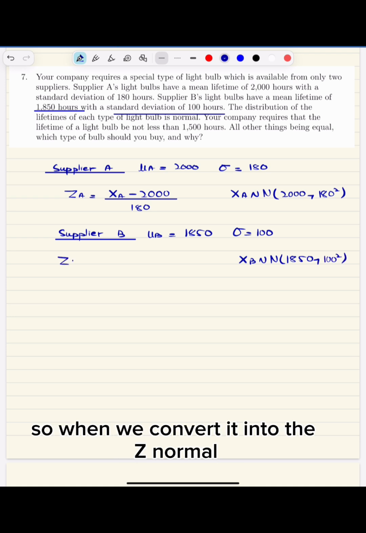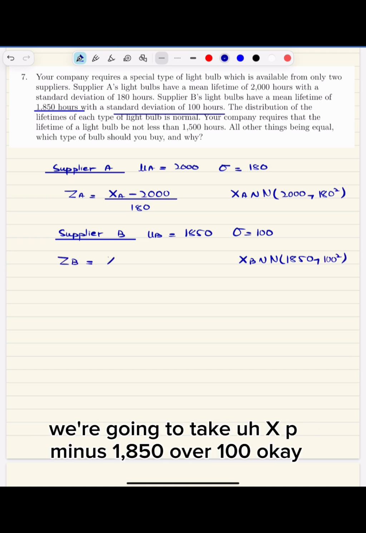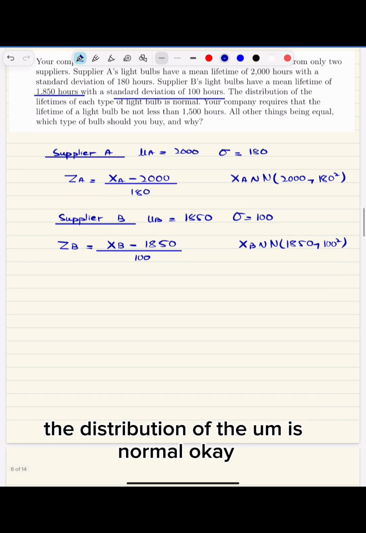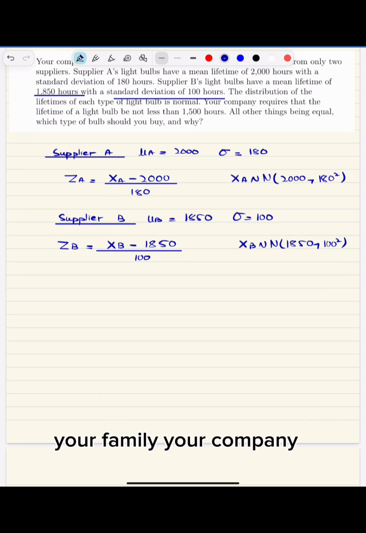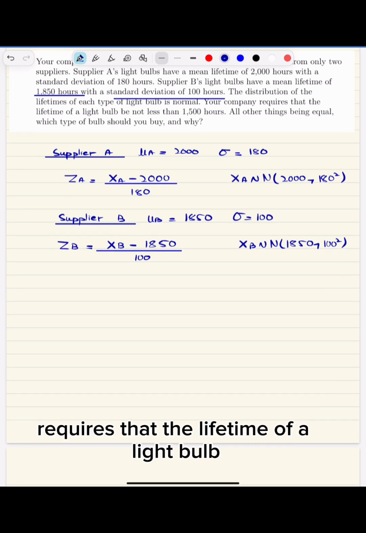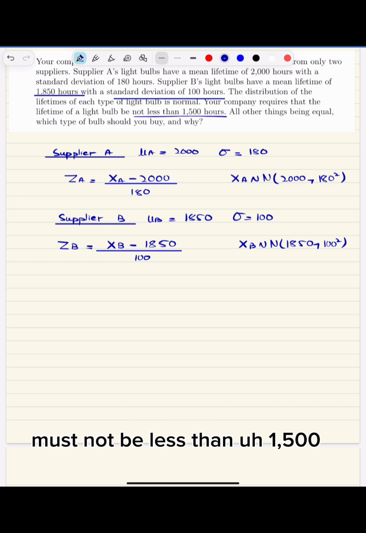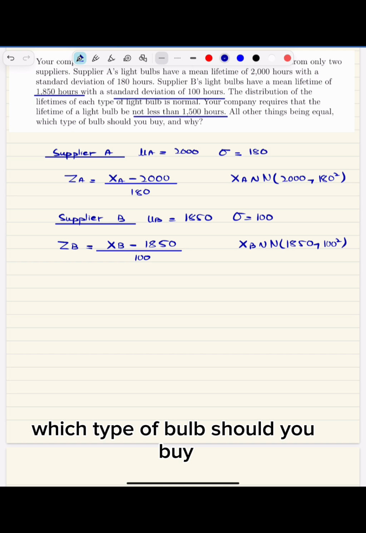When we convert it into the Z normal, we're going to take X_B minus 1850 over 100. Your company requires that the lifetime of a light bulb must not be less than 1500, all other things being equal. Which type of bulb should you buy?